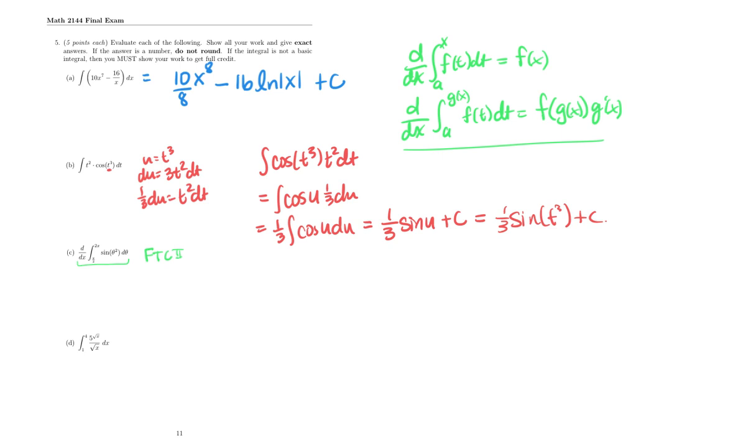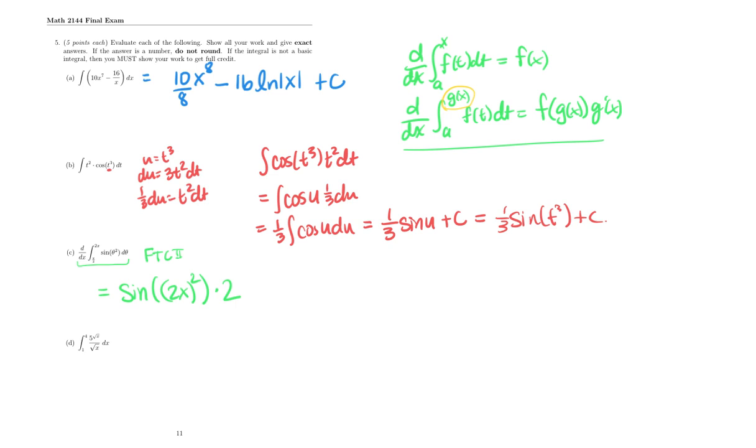So when this bound is not just an x, it's a function of x, I need to use the fundamental theorem of calculus part 2 mixed up with the chain rule. So this is going to be equal to sine of 2x squared times the derivative of 2x, which is just 2. So that's the answer for that one.